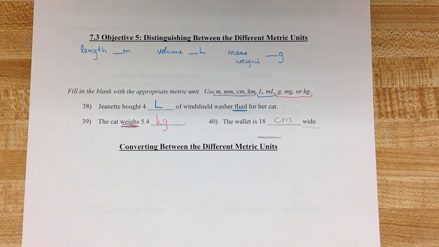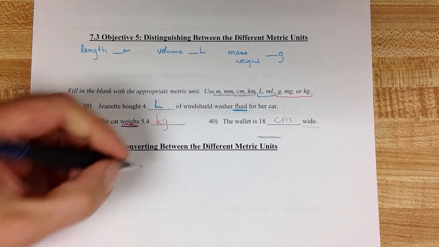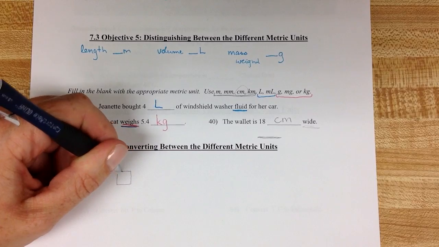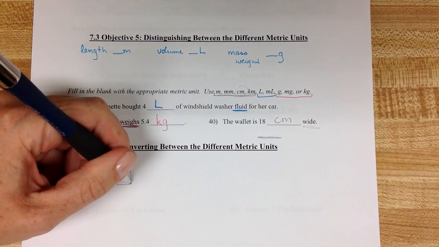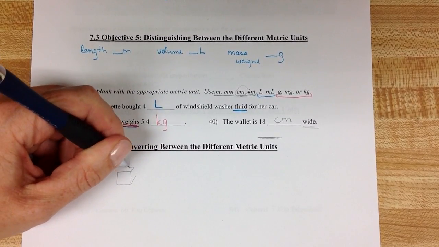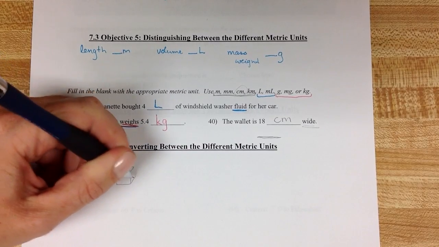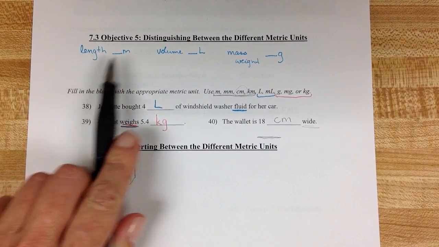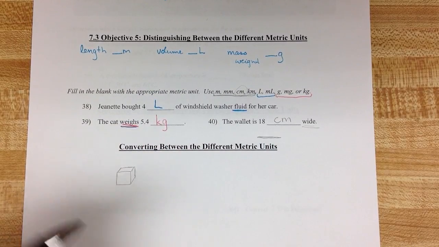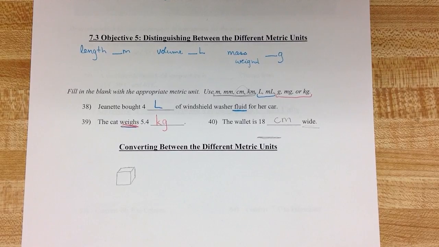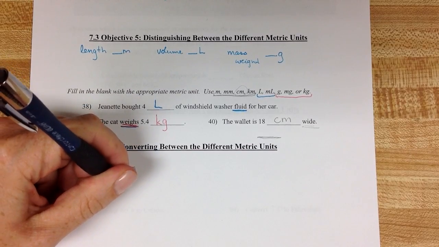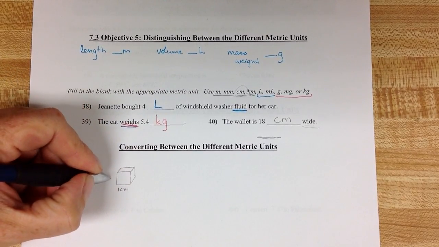One final neat trick to know with the metric system is that when we're using the U.S. customary system, that's the units with feet and cups and pounds, there isn't an easy way to translate between length and volume and weight. So I want to give you an example here of a cube that measures 1 centimeter on each side.